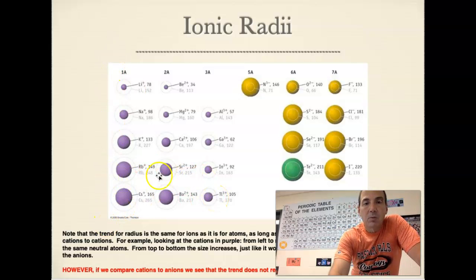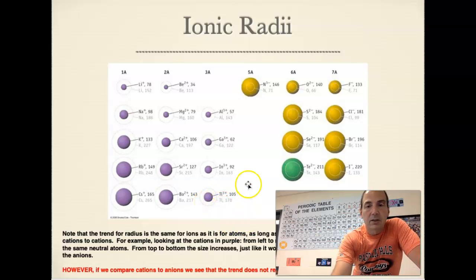From top to bottom, we see it increasing in all cases. Now let's look at the nonmetals. From left to right, we see them decreasing in size, not a lot in some cases, and there is an exception here. But from top to bottom, we see an increase going on.